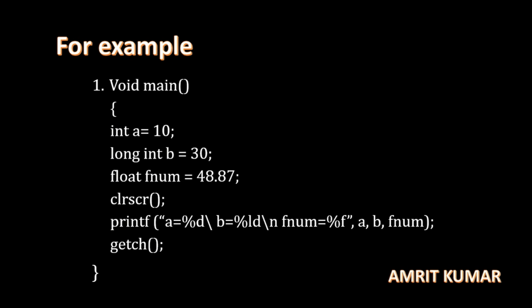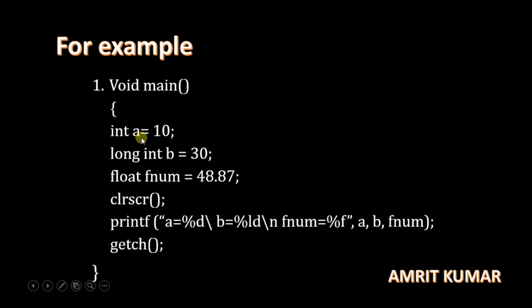Moving on to the example, I am using an example to elaborate this format specifier. I have a void main. Main is of type void, and void type contains 1 byte of memory in the RAM. Now, curly braces on.